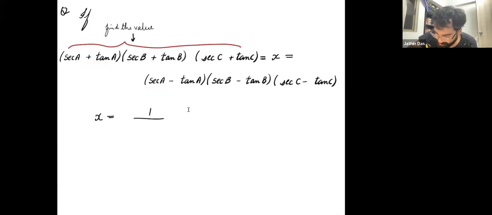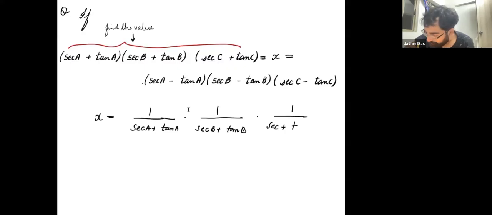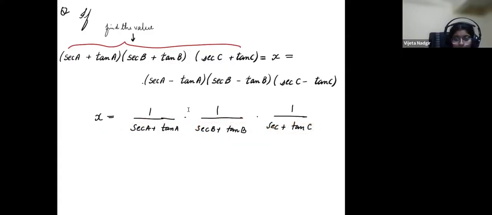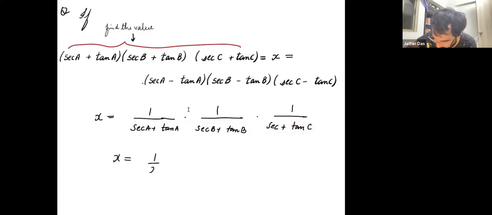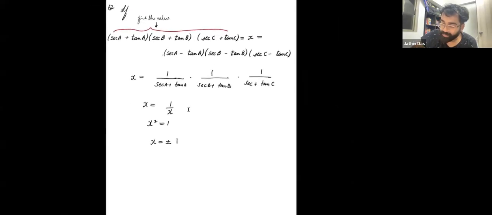I can write sec minus tan as 1 by sec A plus tan A, and this one as 1 by sec B plus tan B, and so on, into sec A plus tan C. Now again, this denominator became x only. So x is equal to 1 by x. So x square is equal to 1, so x is equal to plus or minus 1.